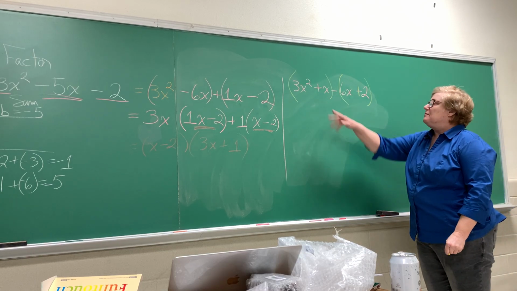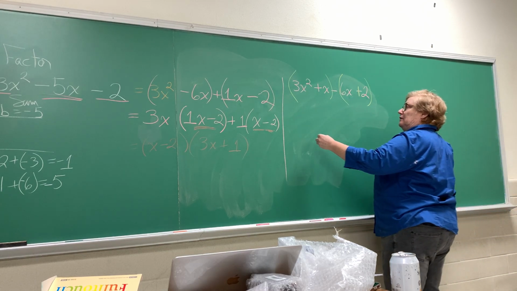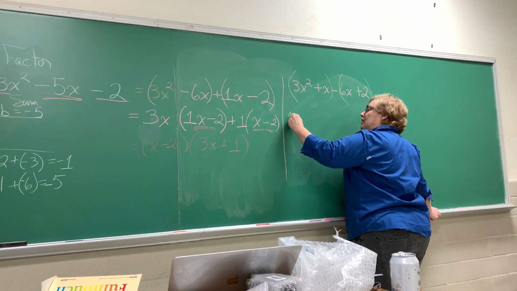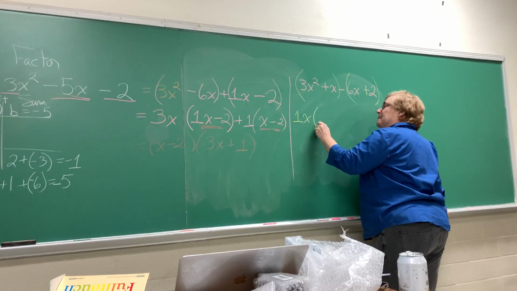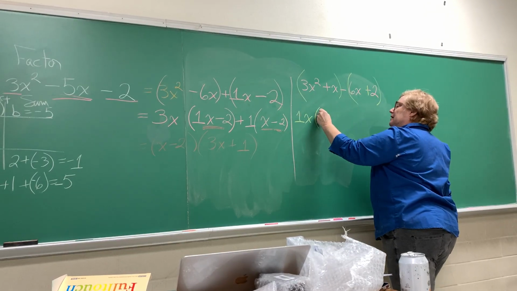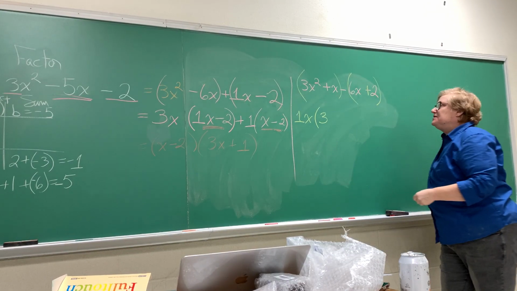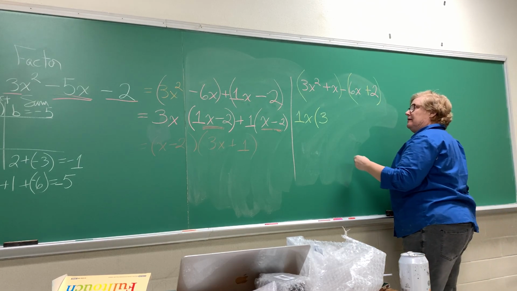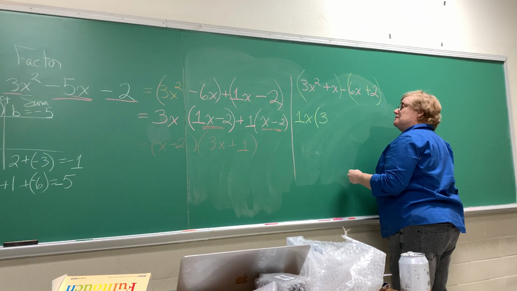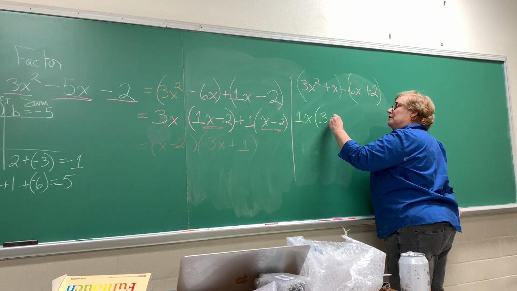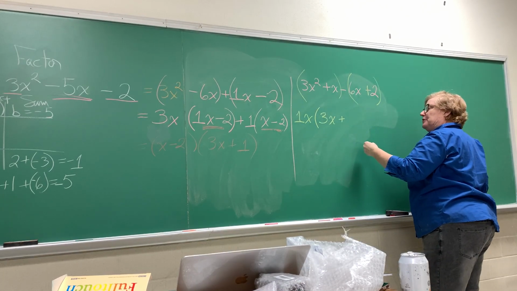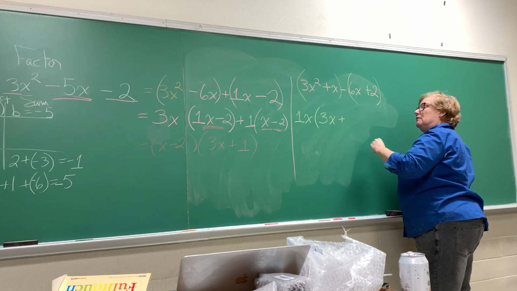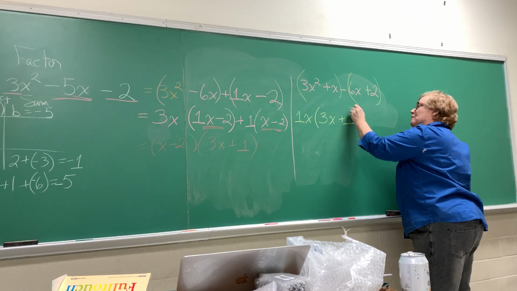Okay, now what's common between the first two terms? One, any variable? Good. And we're not pulling any numbers, so I know that 3 is left. We had 2 x's and we pulled 1. So what's left? Good. We had 1 x, we pulled it, we're left with 1.